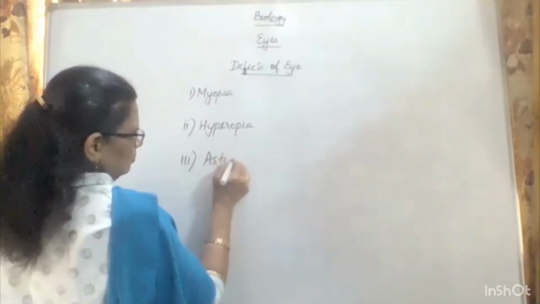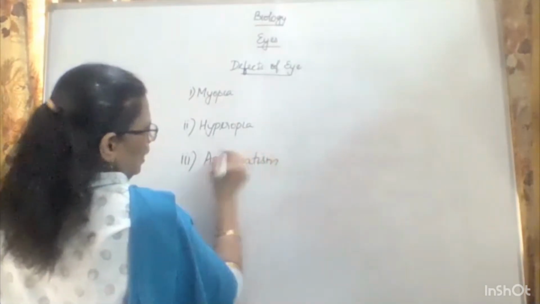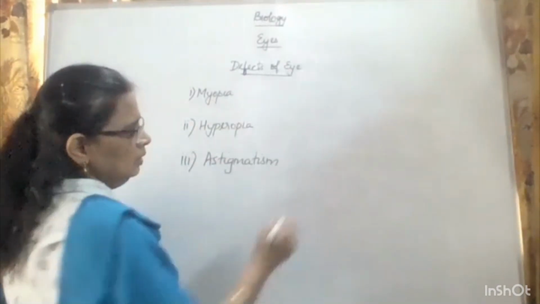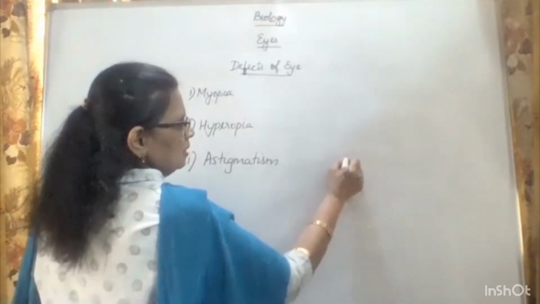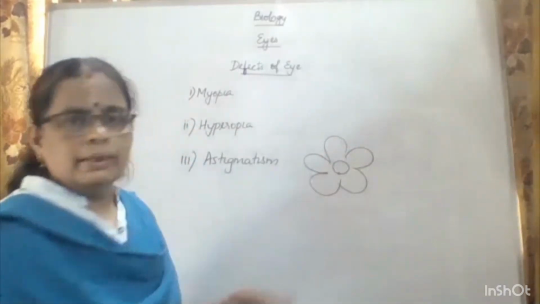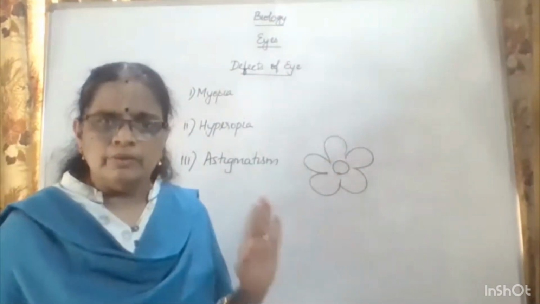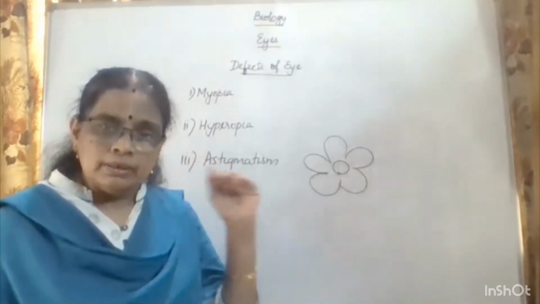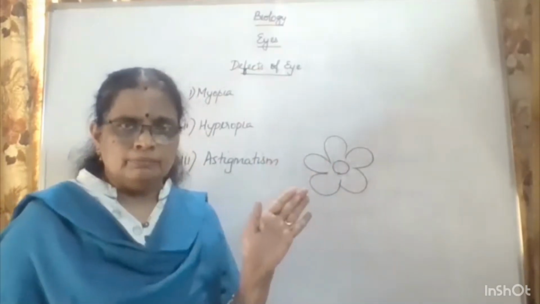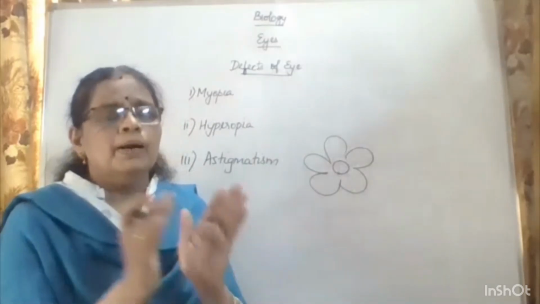Then the third one is astigmatism. Now, in this case, I'm drawing a flower here. We all are able to see the flower completely, the flower with 5 petals. For an astigmatic patient, the image is not visible completely. In the sense, part of the image is blurred, part is clear.